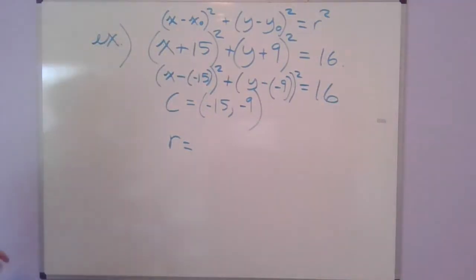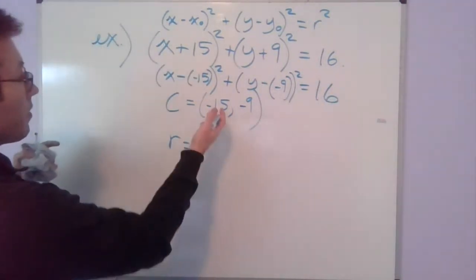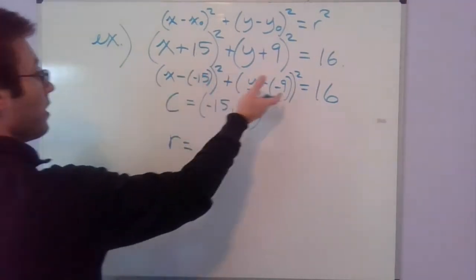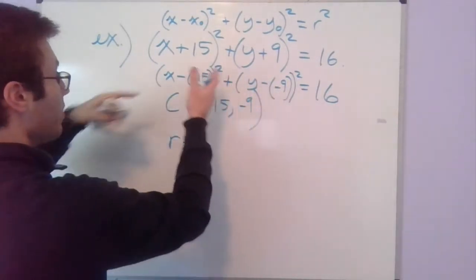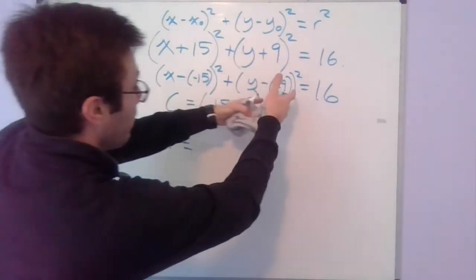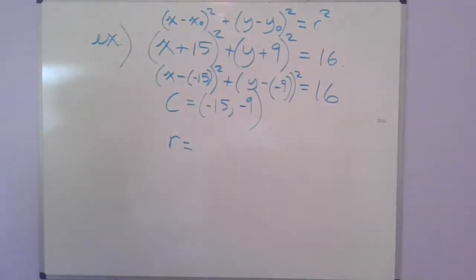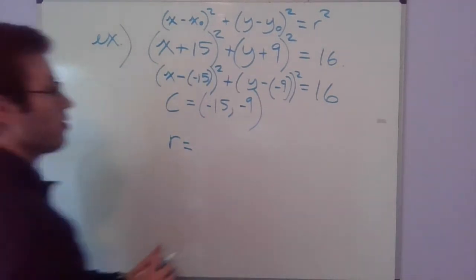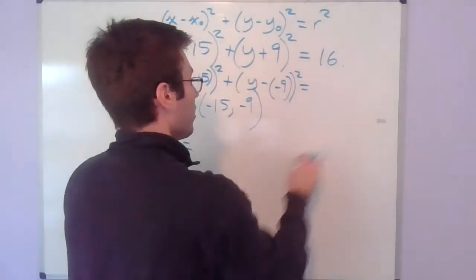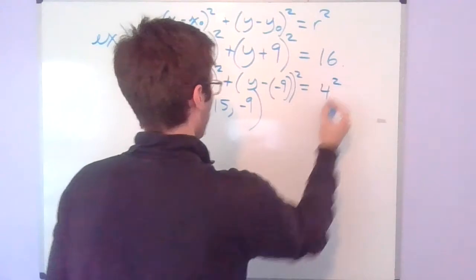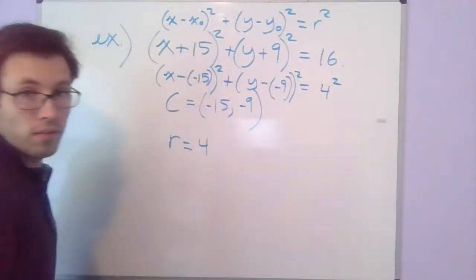Now you can see here that it's obvious that the center is negative 15, negative 9, because that's the x coordinate and that's the y coordinate for the center of the circle. And the radius of the circle, well, we know 16 is really 4 squared, so the radius must be 4.